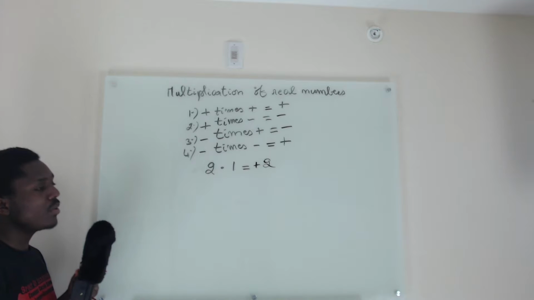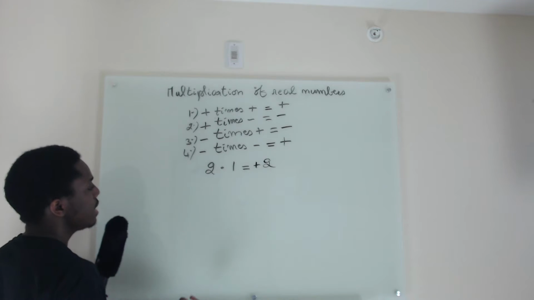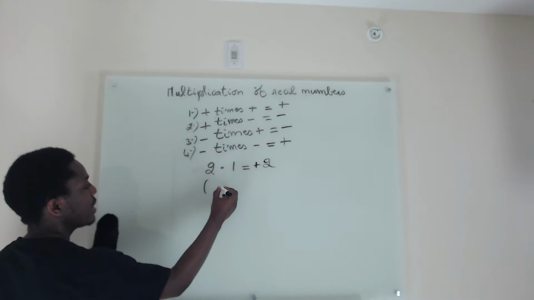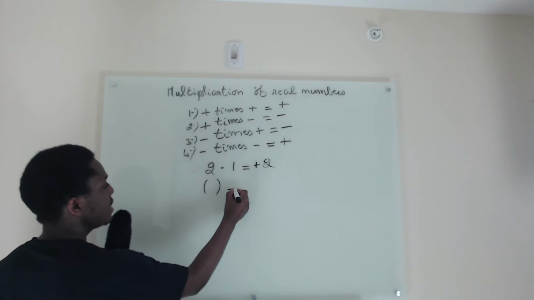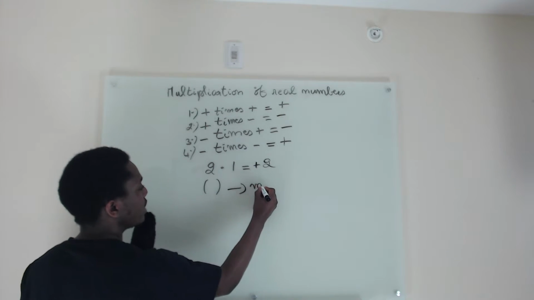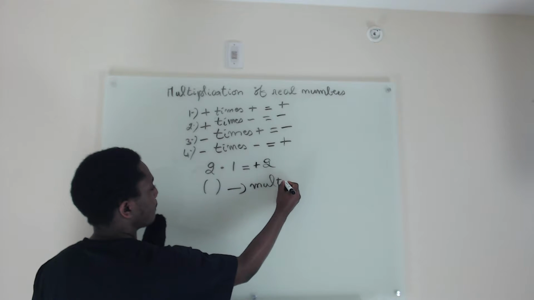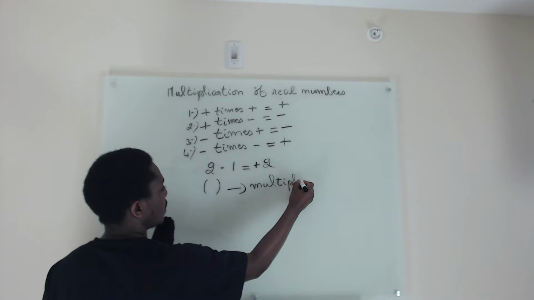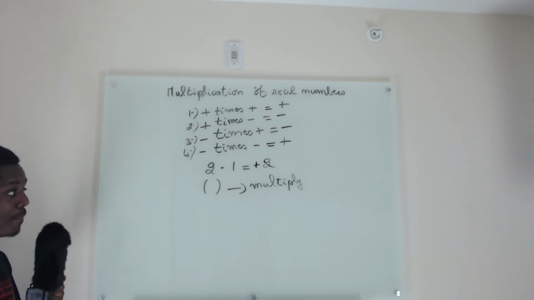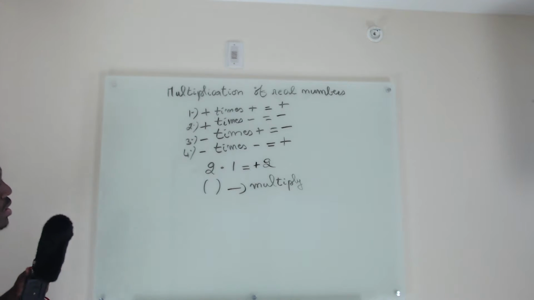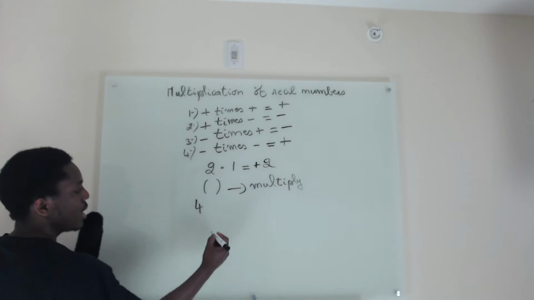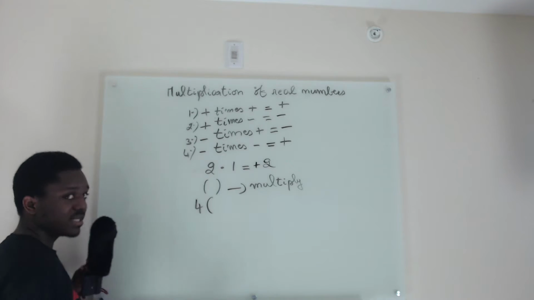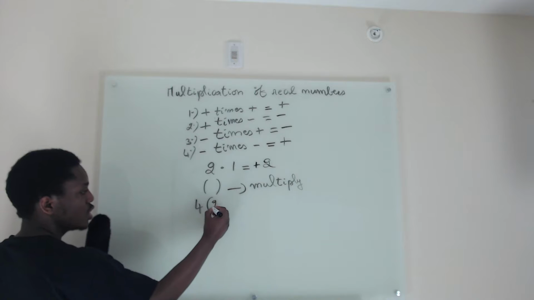Now, whenever you see parentheses in mathematics, it means multiply. So parentheses means multiplication. Let's say you have the number 4, and they put parentheses 2, for example.